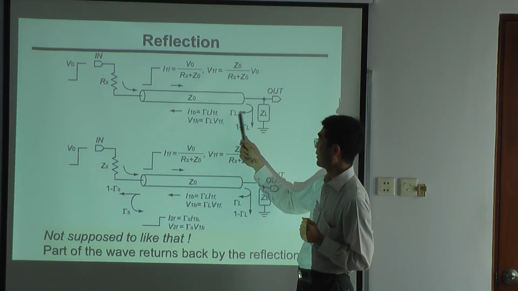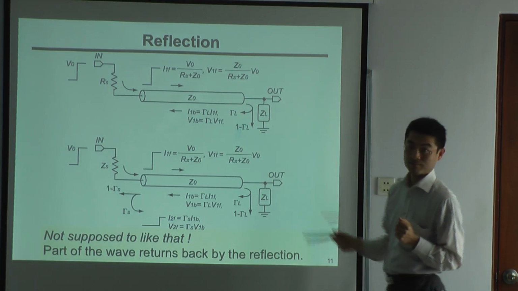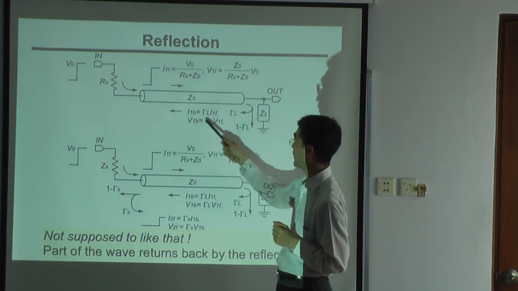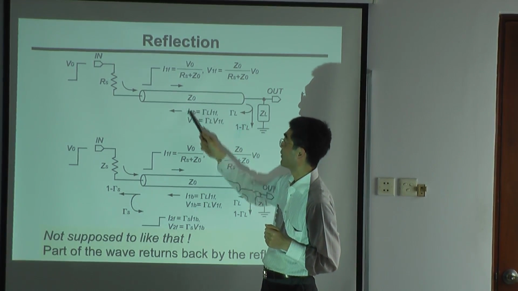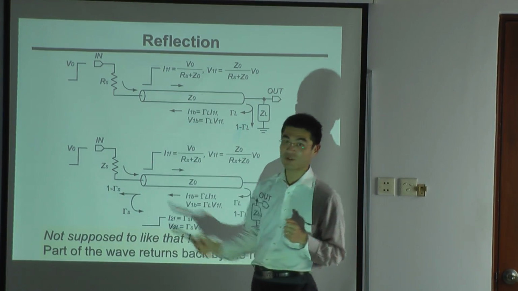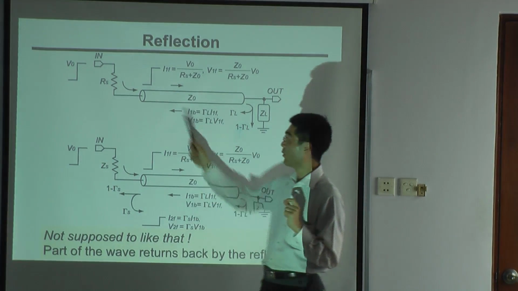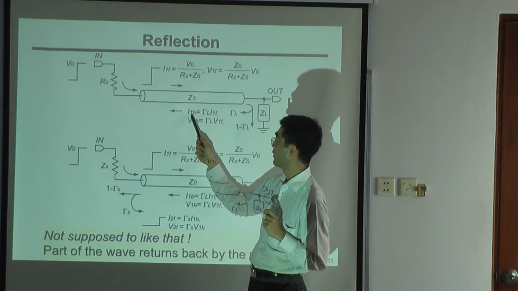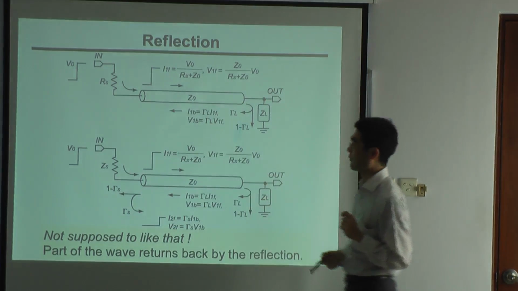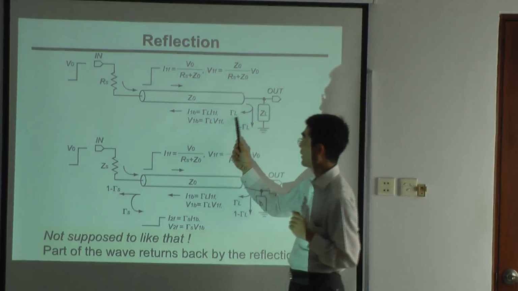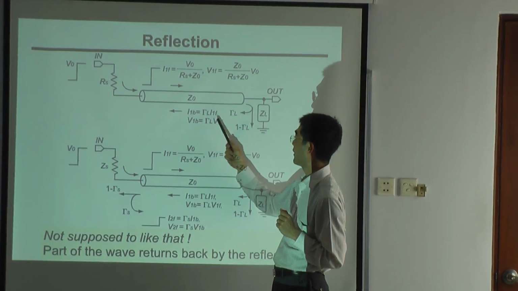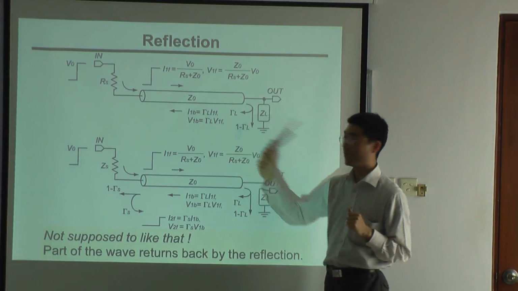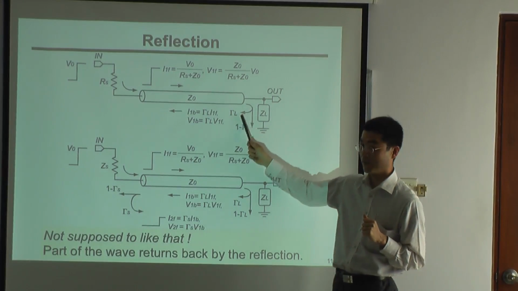The reflectivity is defined by gamma L. After gamma L, we have the backward wave. This says forward going, so we denote IF, and backward going, so I say IB, backward. The amplitude of the backward going wave is IF times gamma L. So this is the reflection.